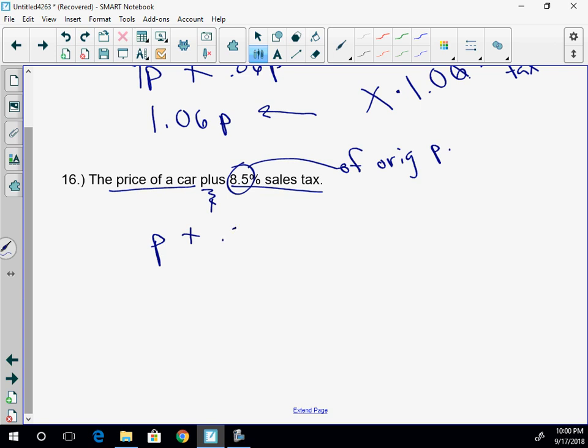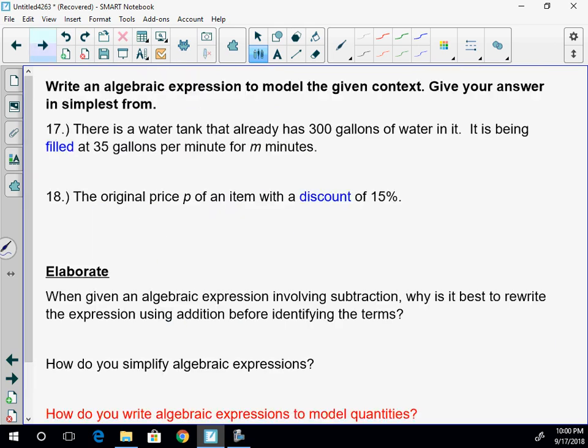So that's plus 0.085, converted to a decimal, times P. Remember that P really has a 1, and I can simplify it to 1.085P. So this would be the same exact scenario as before if the state that we lived in had an 8.5% sales tax. Whatever you're buying had an 8.5% sales tax.